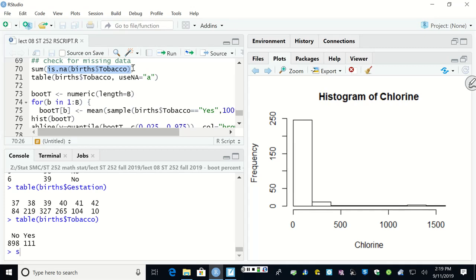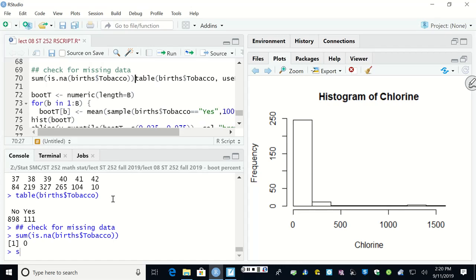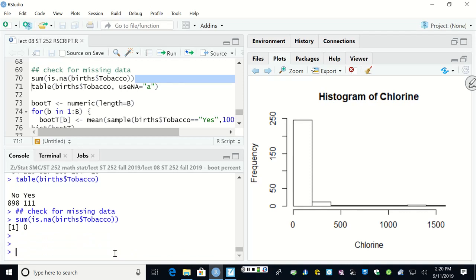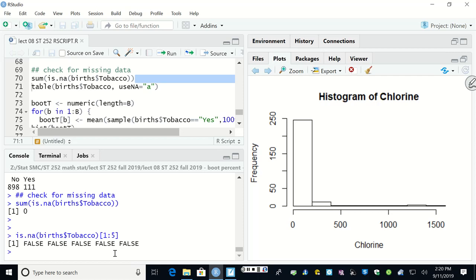If you add up true and false, it counts true as 1 and false as 0. Just take a look at what that does for births tobacco. If you look at the first 5 values: false, false, false. They're not missing.